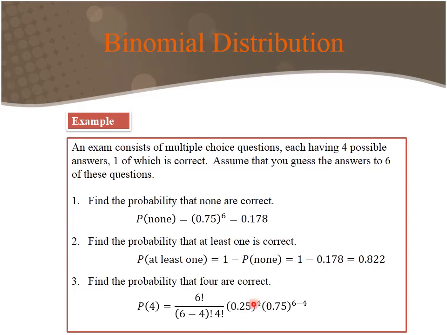And we take that to the 4th power, times the probability of a failure, which is 1 minus the probability of a success, to the n minus x, in this case the number of questions minus the number of successes. In other words, the number of failures. So 0.75 to the 2nd power. Plugging this all into the calculator gets us 0.0329 probability that we would answer 4 correctly.